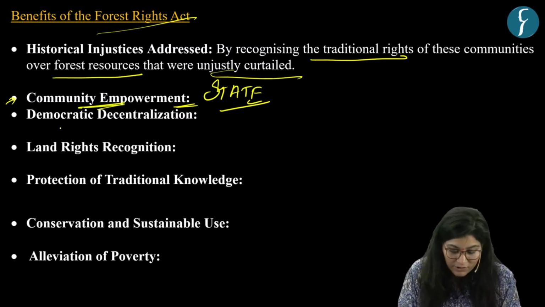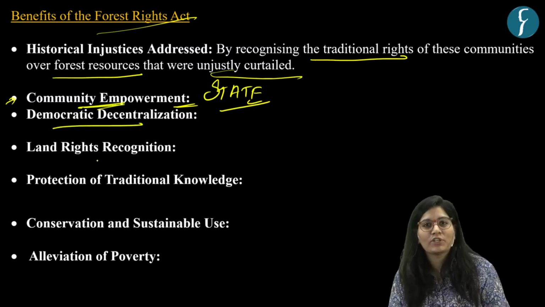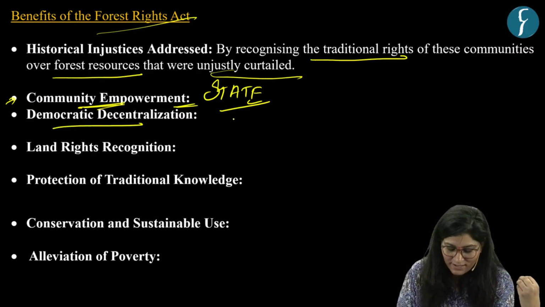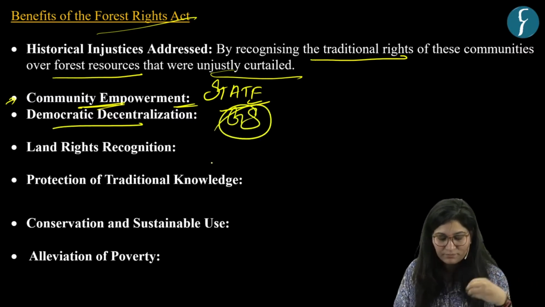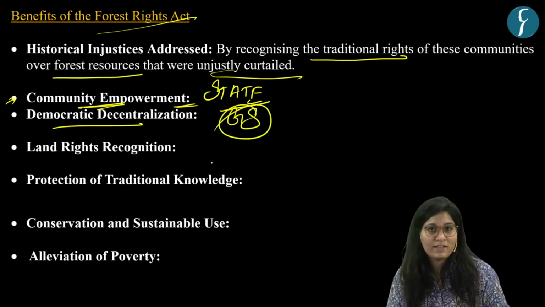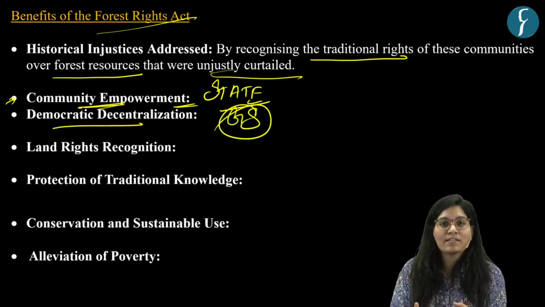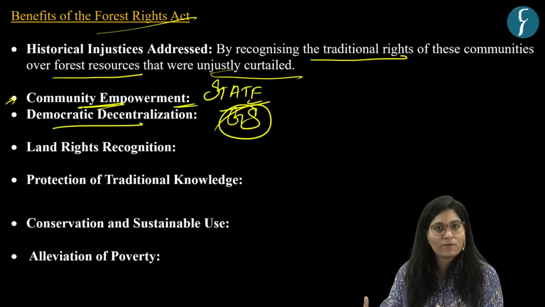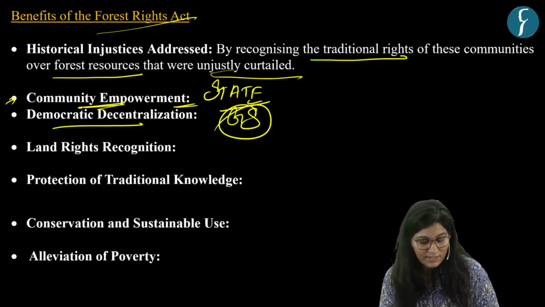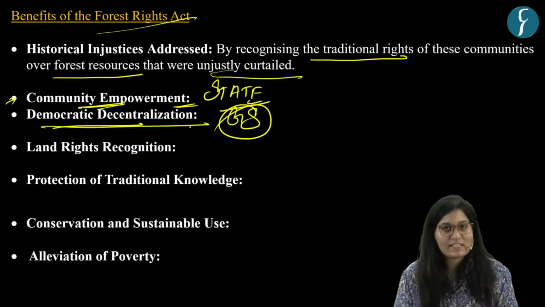Then we have democratic decentralization. Just now I told you who is the top authority. Gram Sabha. Devolution of power is there from the center. Now, this Gram Sabha includes members from communities who are part of this forest only. So, it will lead to greater transparency. So, democratic decentralization is there.